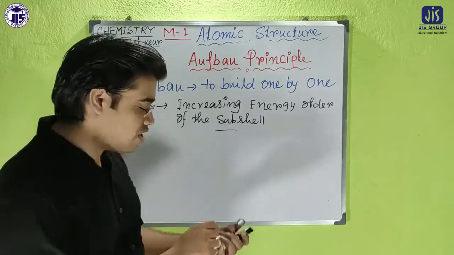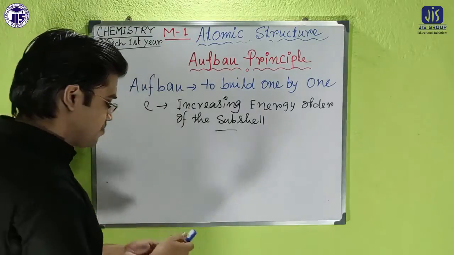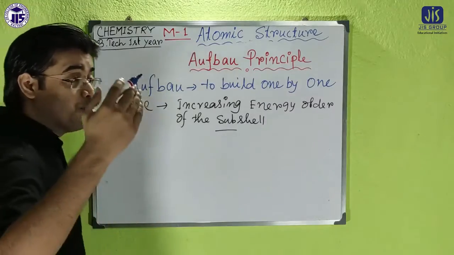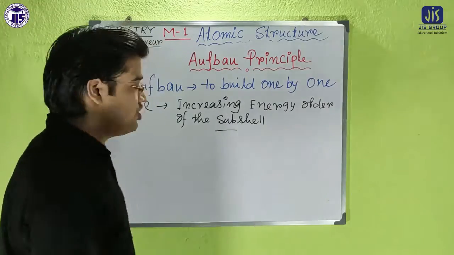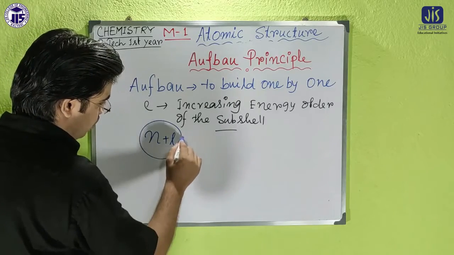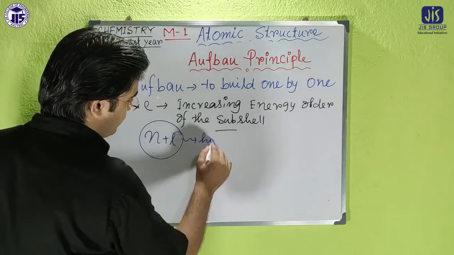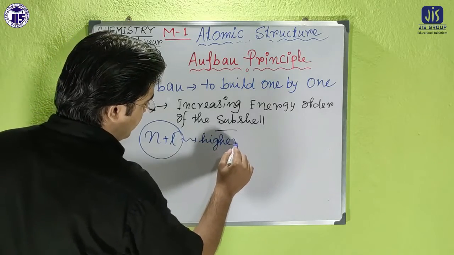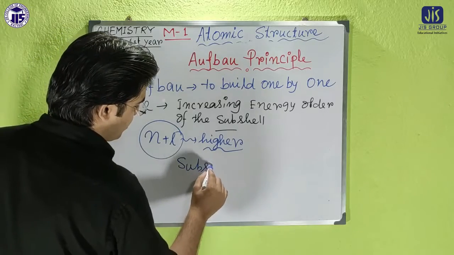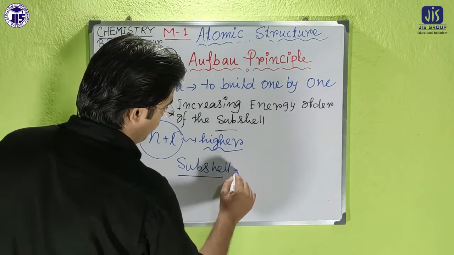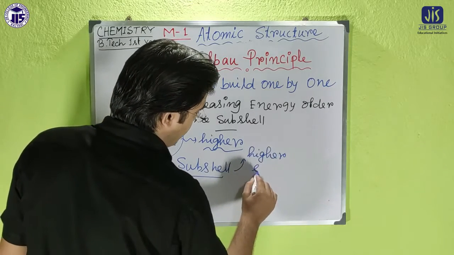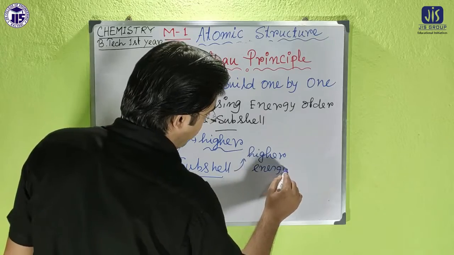For that purpose the Aufbau principle gave one formula, and the rule is that where the n plus L value is higher, that subshell will have higher energy.